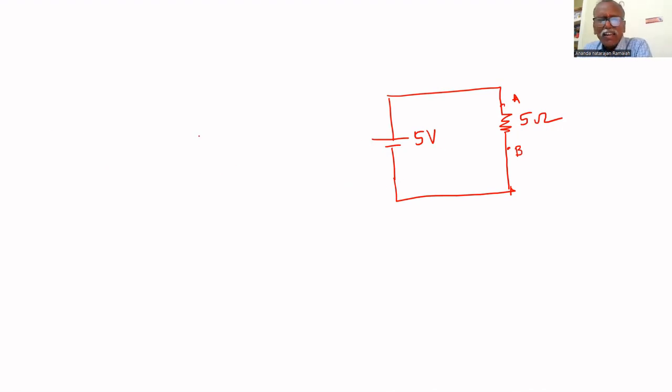If you want to find an analogy between this electric circuit and a water flow circuit in civil engineering, you will have a pump, a centrifugal pump with a fan. This will develop a pressure difference across A and B because this is a pump.